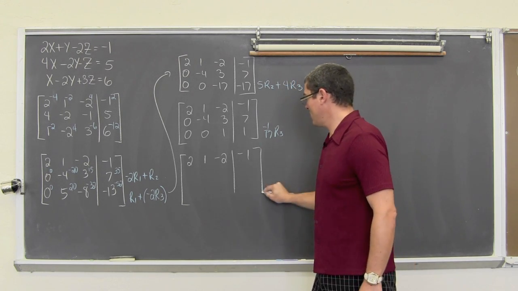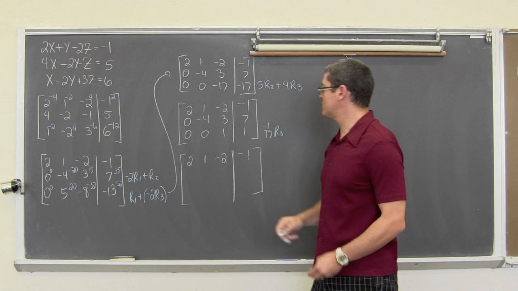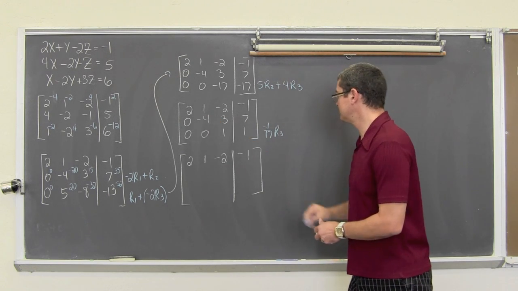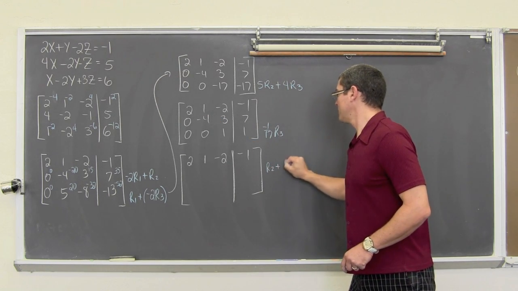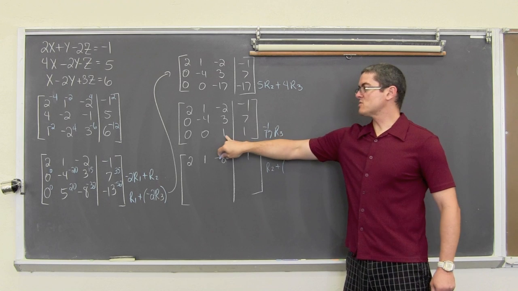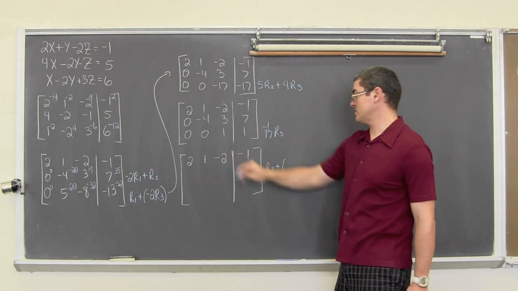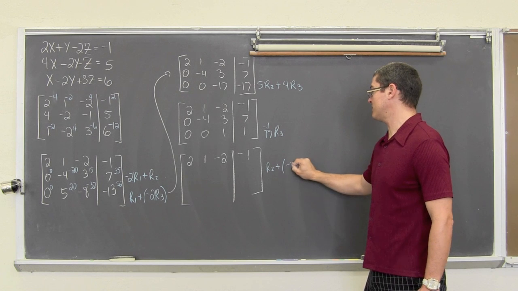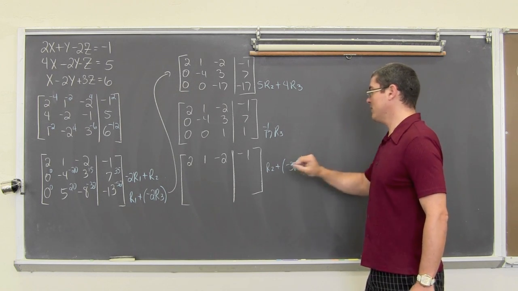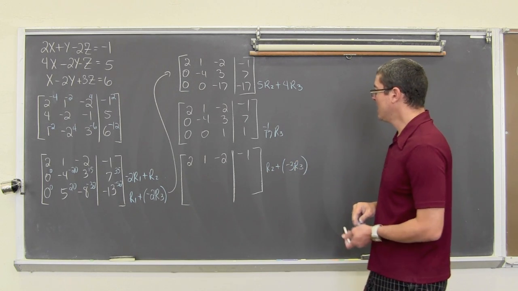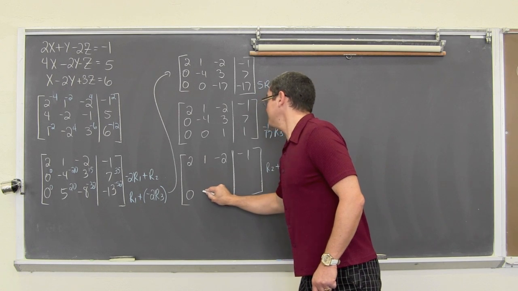And for the second row, I would like to do row 2 plus. Now I want to make this 1 add up and make that 3 equal to 0. So I need this 1 to be a negative 3. So we're going to do row 2 plus negative 3 times row 3, and keep the last row the same.